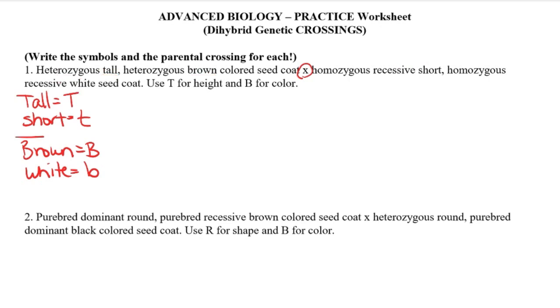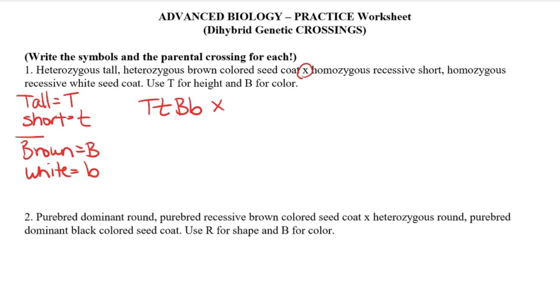Okay. Now I need to write my parents. So I'm going to start with heterozygous tall. So my first trait, big T, little t. The second trait of my first parent is heterozygous brown. So now I'm going to do big B, little b. And I just list it right after one another. Cross, homozygous recessive short.